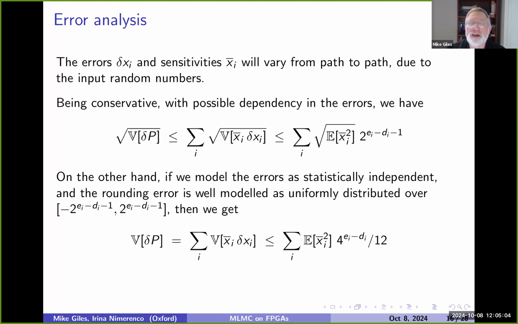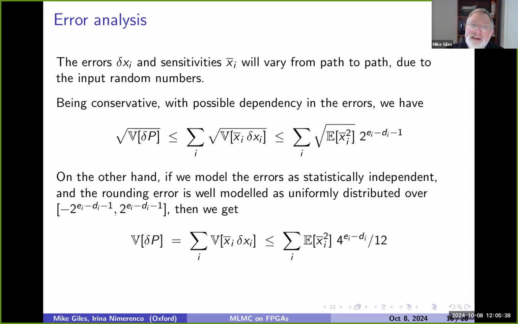The alternative is to model the errors as being statistically independent. Now, there's no particular reason mathematically to think they have to be statistically independent, but we're just saying let's take that as a model and let's see how useful this model is. Okay. Furthermore, let's take the rounding error as being uniformly distributed over that range from minus 2 to the e minus d minus 1 to plus 2 to the e minus d minus 1.